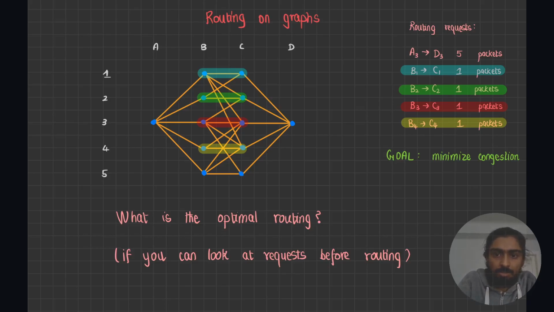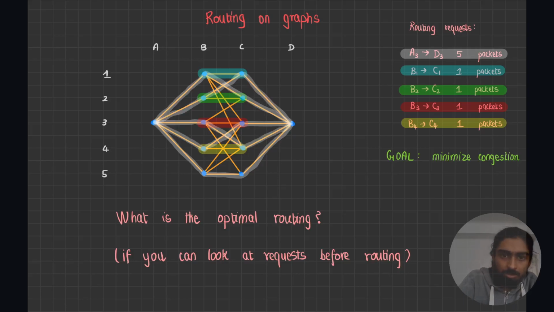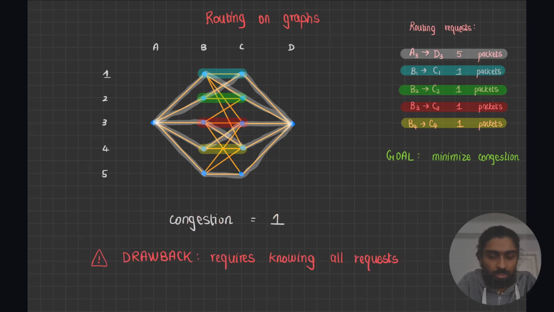Now you have 5 packets you need to send from A3 to D3. You could send one down here, a couple across like this, and another couple across like this. Now every edge has at most 1 packet going through it. And so the congestion of this particular routing is 1, which is the lowest you could get, right?